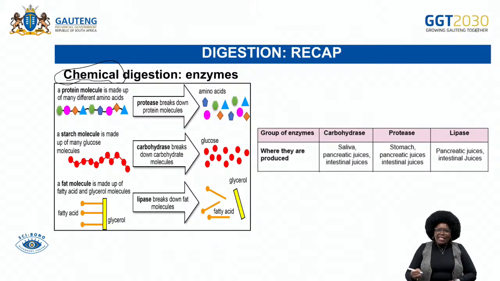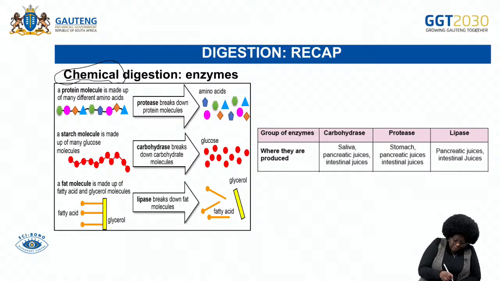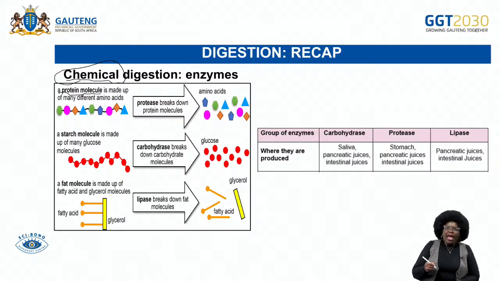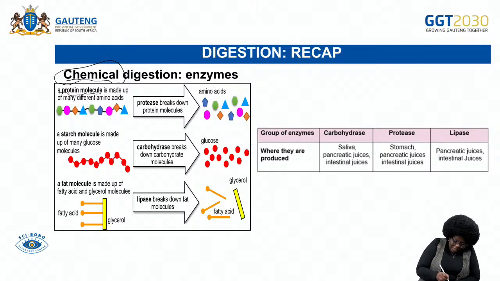We are looking at different food types and the types of enzymes that help to break down these food types. So we've got proteins, right? The protein molecule is made up of many amino acids.